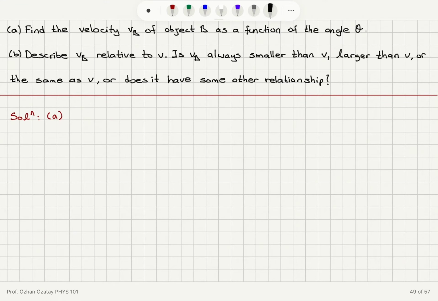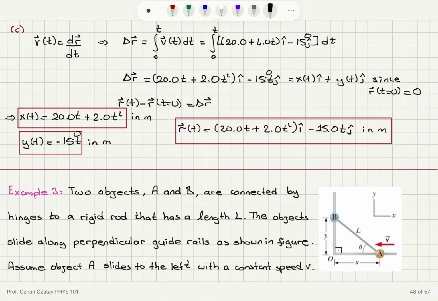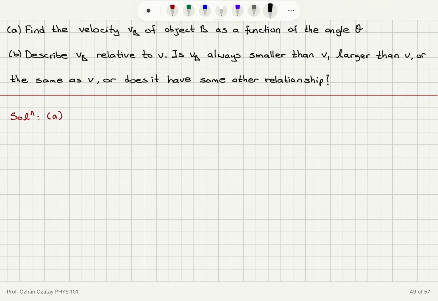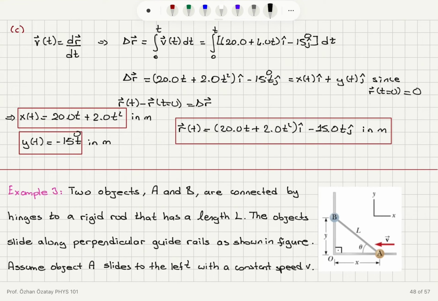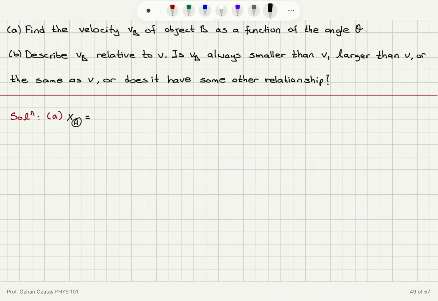So let's start with part A. First I want to note the position of object A as a function of time. So how can I determine the position of object A as a function of time? Well, here you can see we have a distance x from the origin, and we're moving with constant velocity v towards the left.